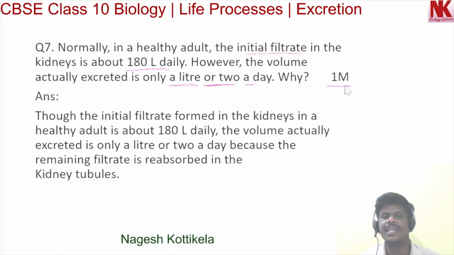This question can be asked for 1 mark, and the answer for this question is, though the initial filtrate formed in the kidneys in a healthy adult is about 180 liters daily, the volume actually excreted is only a liter or 2 liters a day, because the remaining filtrate is reabsorbed in the kidney tubules.